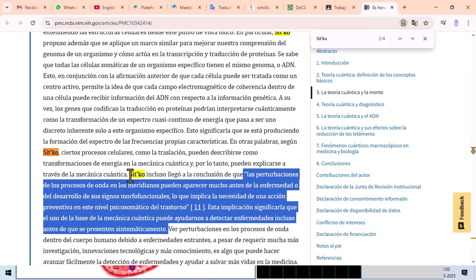It is important to note that Sitko is one of the founders of millimeter wave therapy. He, along with another scientist, studied a very interesting case in Russia of some scientists who were performing a therapy on a person, applying frequency for thermal therapy in an eye.